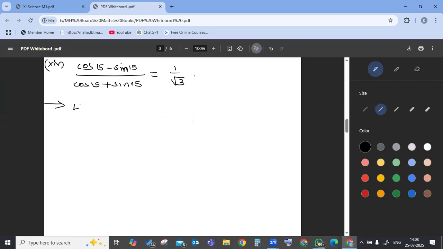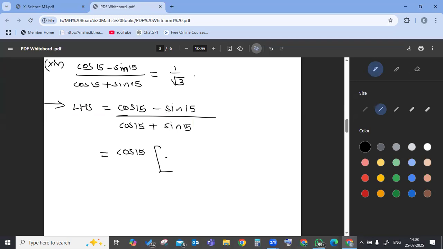So consider LHS: cos 15 minus sin 15 upon cos 15 plus sin 15. Now take cos 15 common; in the bracket will remain 1 minus sin 15 upon cos 15, divided by cos 15 taken common, 1 plus sin 15 upon cos 15.